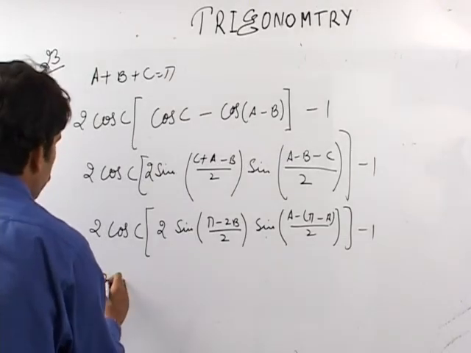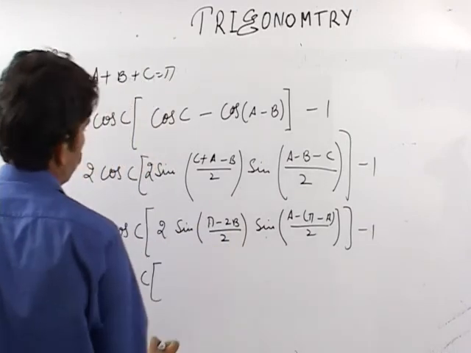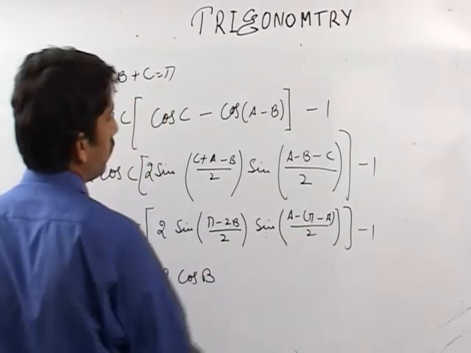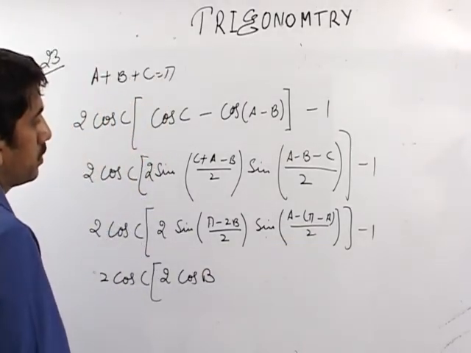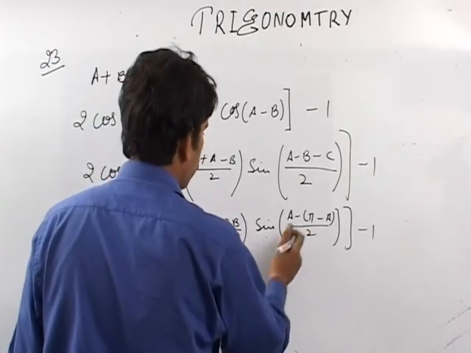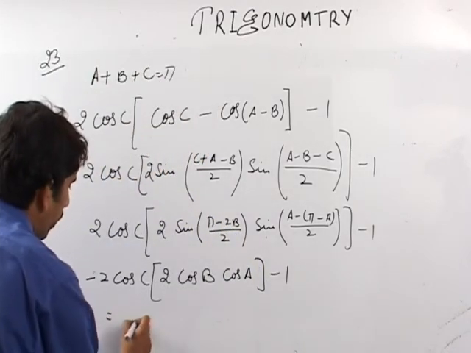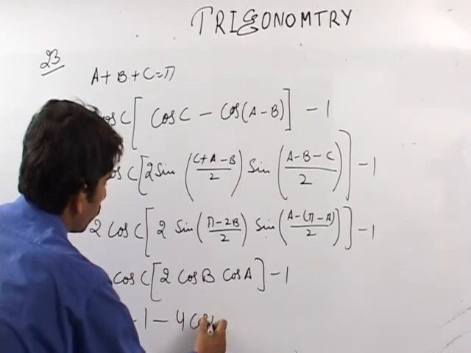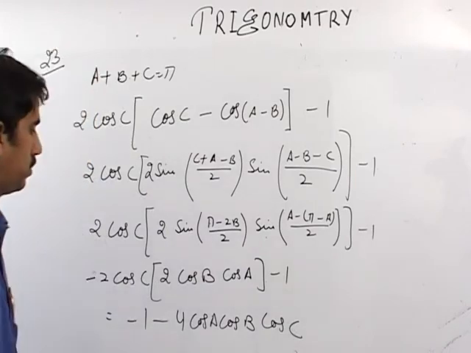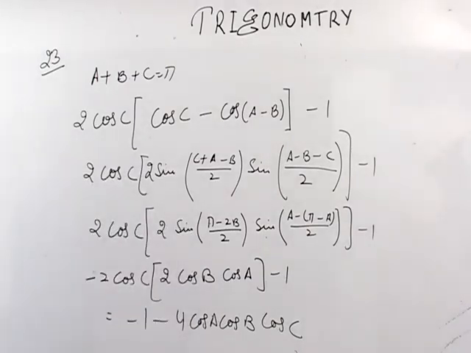This will be equal to 2 cos C, where pi by 2 minus B gives cos B, and A minus pi by 2 gives minus cos A, minus 1. So you will get minus 1 minus 4 cos A cos B cos C. This is the required answer for the expression cos 2A plus cos 2B plus cos 2C.